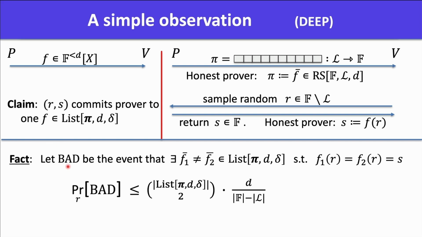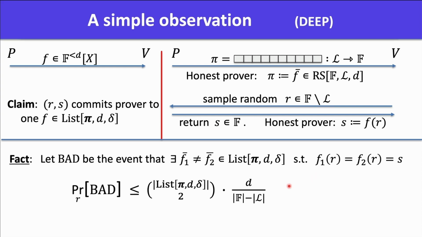Let's define the bad event to be an event where there are two polynomials f1 and f2 that are delta close to the function pi, such that both of them happen to evaluate to s at the point r. What is the probability that this bad event happens? Well, we know that f1 and f2 are both polynomials of degree less than d, and that means that they can agree on at most d positions, because otherwise their difference polynomial would have more than d roots.